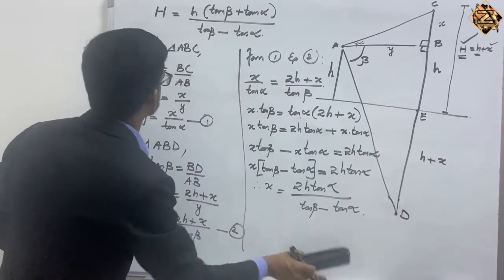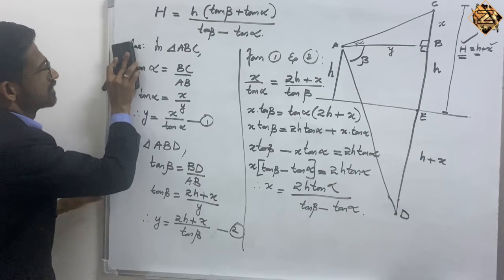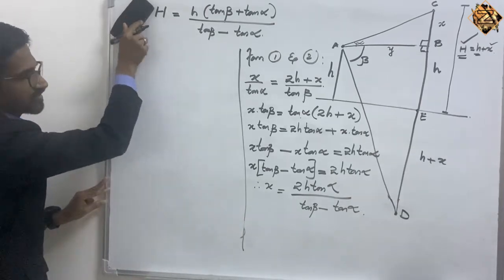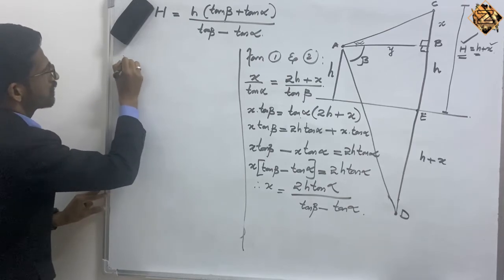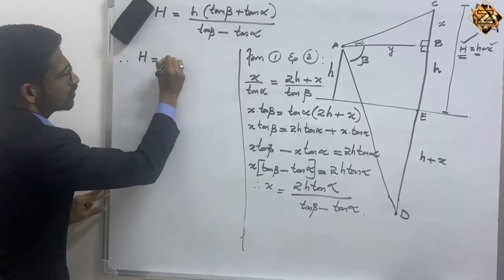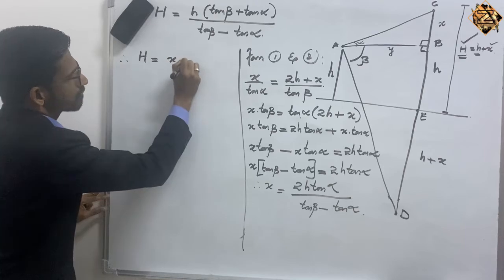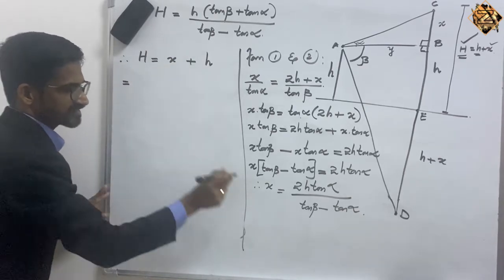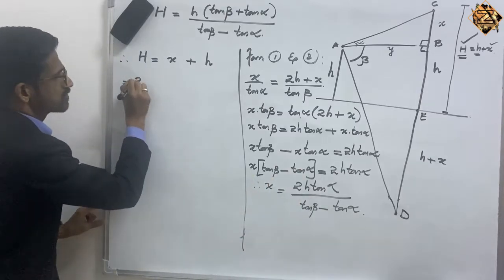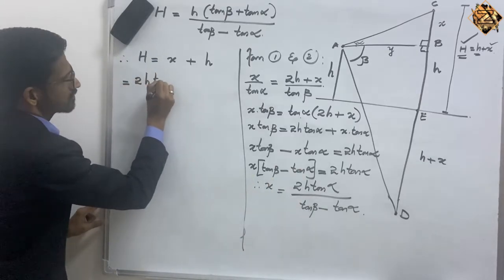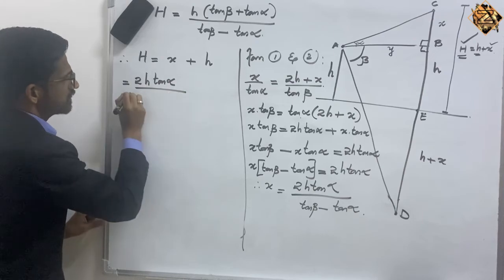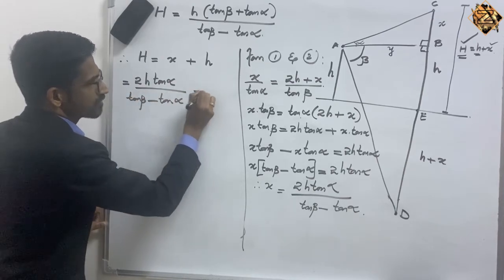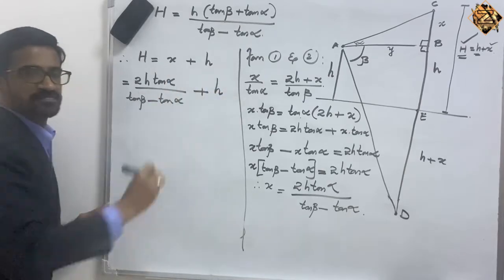So capital H equals x plus h, and x is 2h tan alpha by tan beta minus tan alpha, plus h.